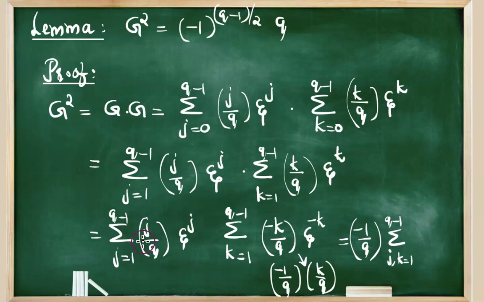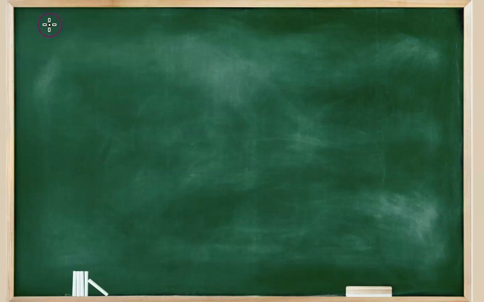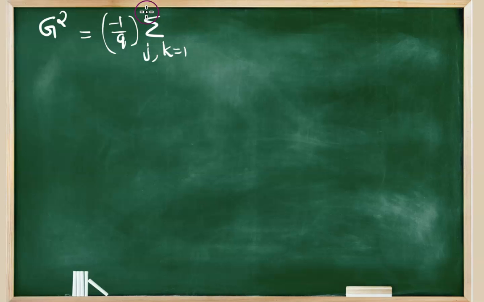And now we can combine these Legendre symbols (J by Q) and (K by Q) to get Legendre symbol (JK by Q) into theta raised to J into theta raised to minus K, which can be expressed as theta raised to J minus K. Thus, we have obtained that G square is equal to Legendre symbol (minus 1 by Q) into summation over J and K varying from 1 to Q minus 1 of (JK by Q) into theta raised to J minus K.